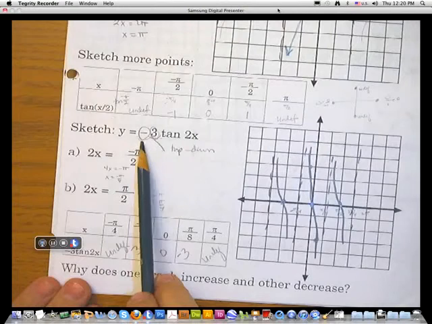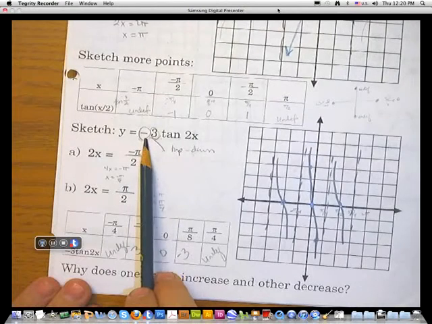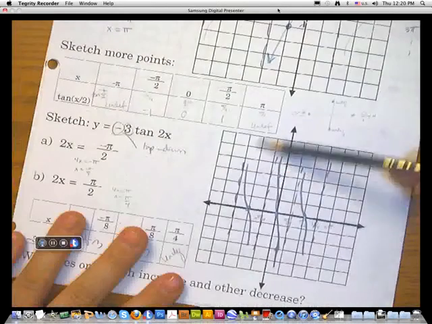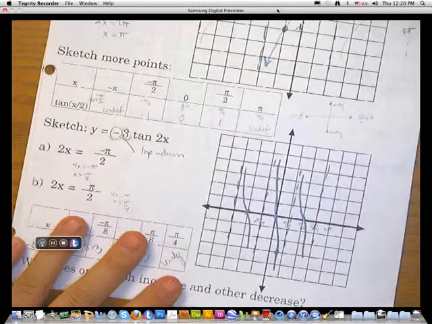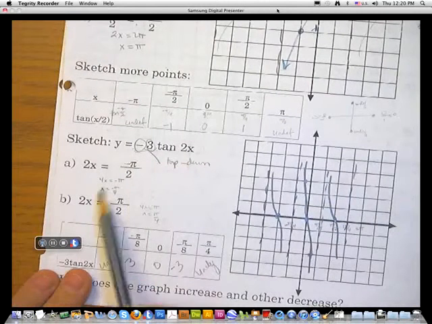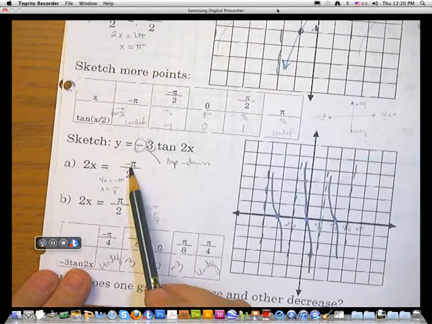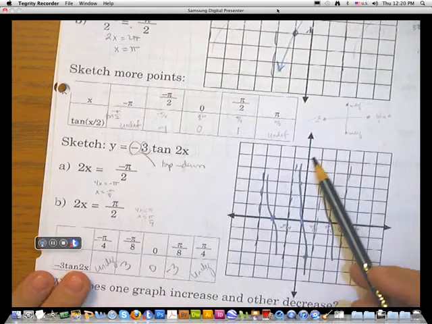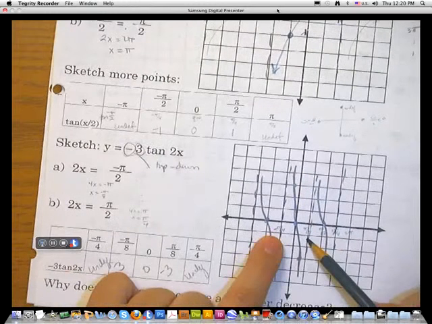So here, negative 3, well, the negative means it inverts it. So instead of increasing from left to right, it's going to decrease from left to right. The bx we set to the boundaries, negative pi over 2 and positive pi over 2. So the boundaries are negative pi over 4 and pi over 4.